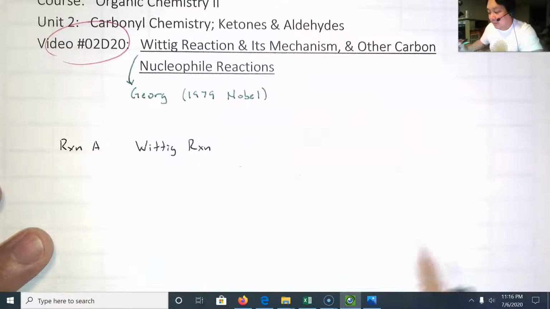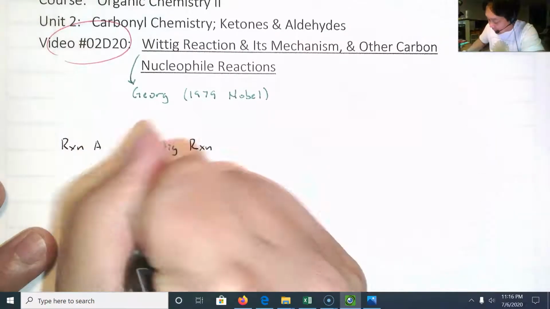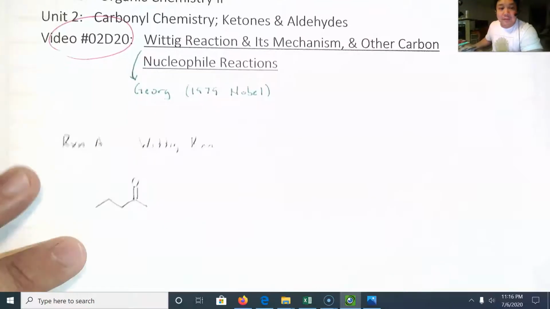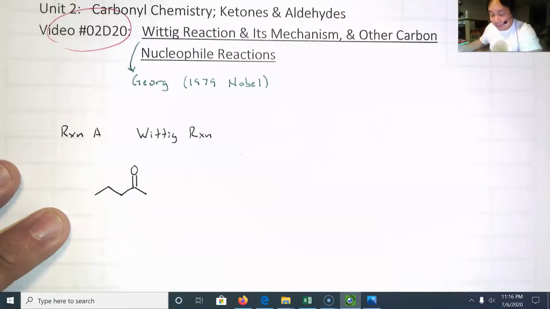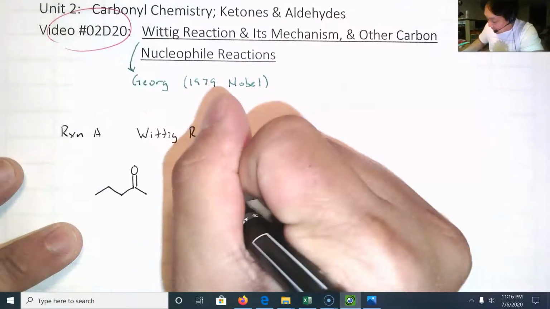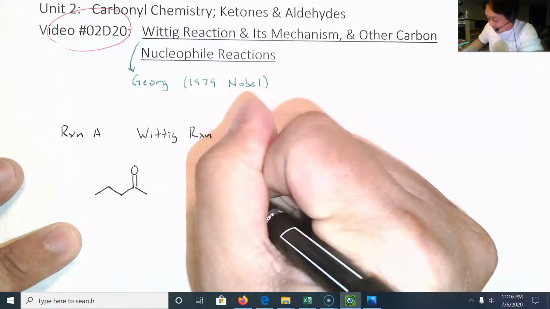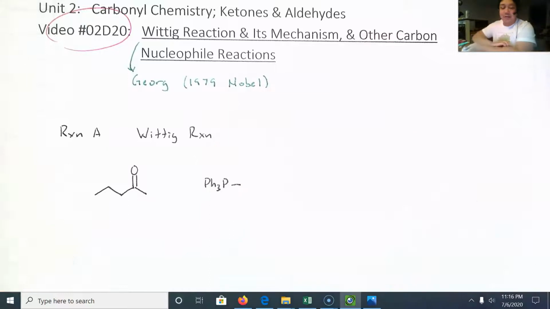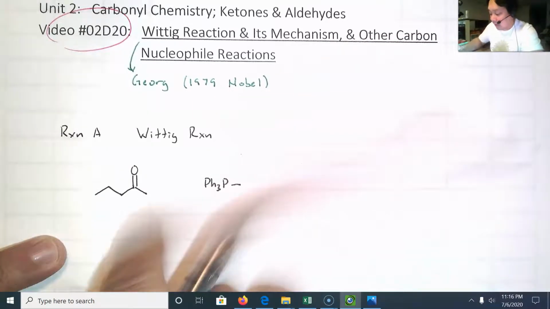We're going to start out with a ketone or aldehyde, but let me do ketone first. The Wittig reagent looks a little bit strange. It's called an ylide, and it is 3 phenyl groups, and I'll draw that out in just a bit. Phosphorus, and then we have the piece that we're going to add to the carbonyl compound.